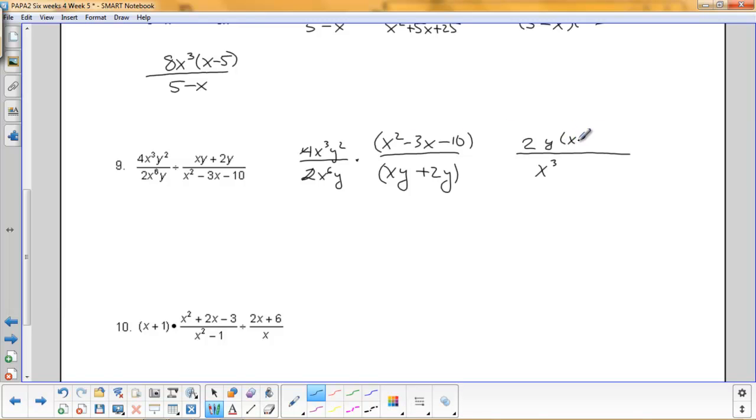That's going to be x minus 5, x plus 2. I'm going to focus here by taking out my GCF of y, and what's left is x plus 2. Cancel, cancel, and what's left is my answer. 2 times x minus 5 all over y times x to the third power.